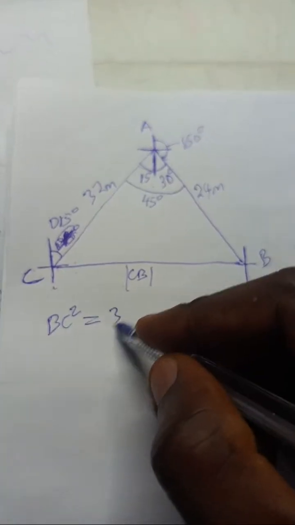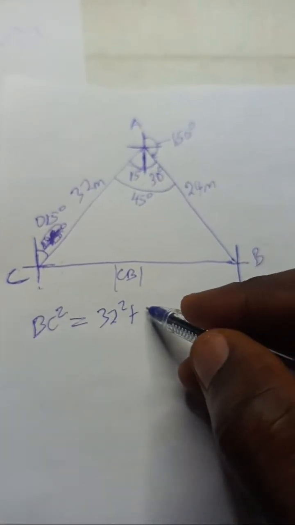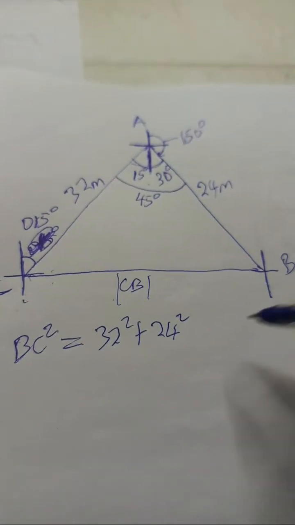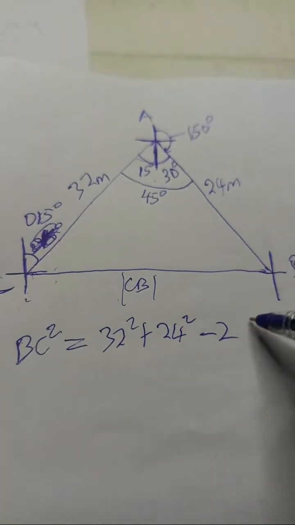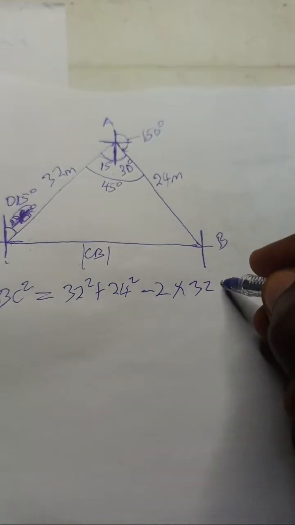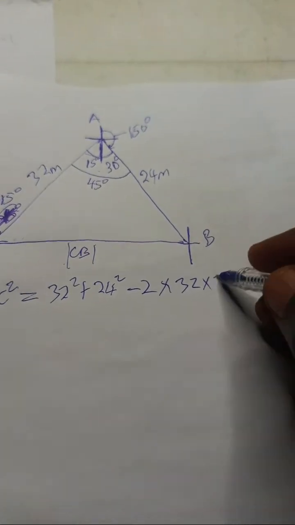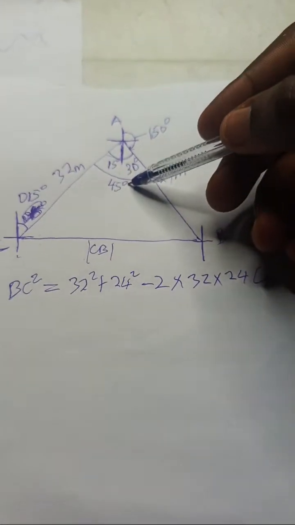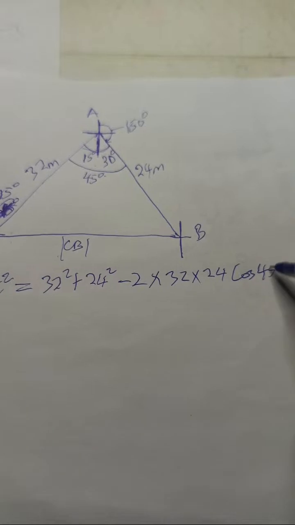So it's equal to 32 squared plus 24 squared, minus 2 times 32 times 24 cos, now the angle that is facing it, which is 45, cos 45.